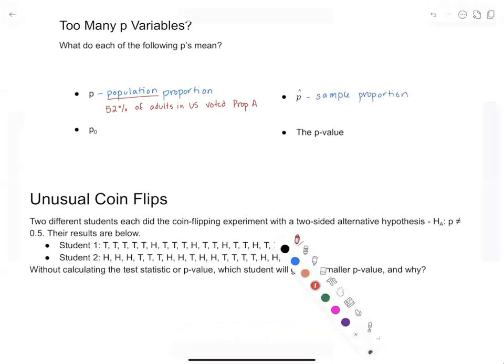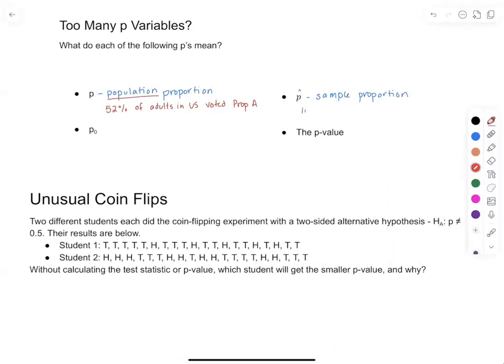So that might look like, in a sample of 100 adults, 57 said they'd vote for Prop A. And so to get the sample proportion, we would say p hat equals 57 over 100.